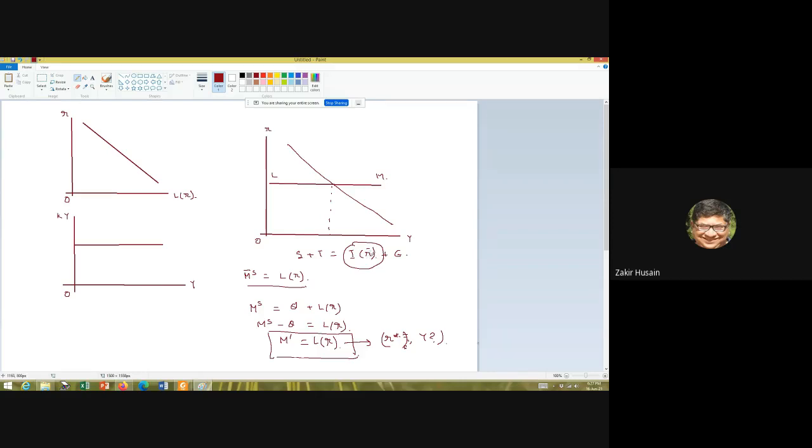Actually it can vary, but since only one rate of interest is prevailing in your market, you are going to be over here. And if there's a change in any of the parameters, only Y will change.